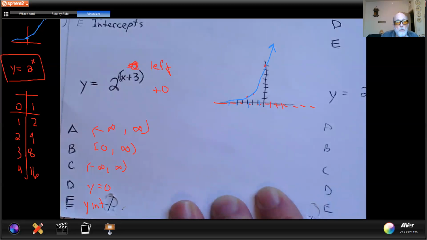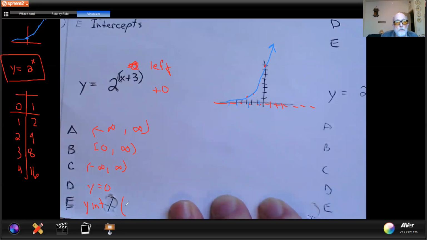When I put 0 into my problem, I get 0 plus 3, so I get 2 to the 3rd power. 8 is the y-intercept. There's still no x-intercept. None. Right? So the x-intercept, there is none.